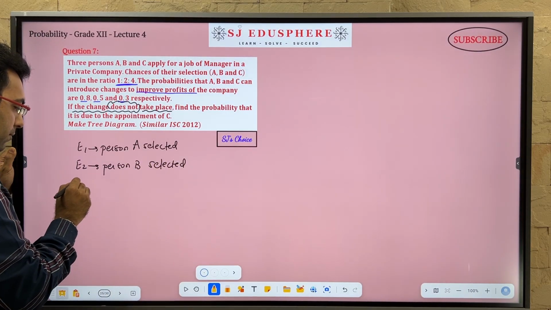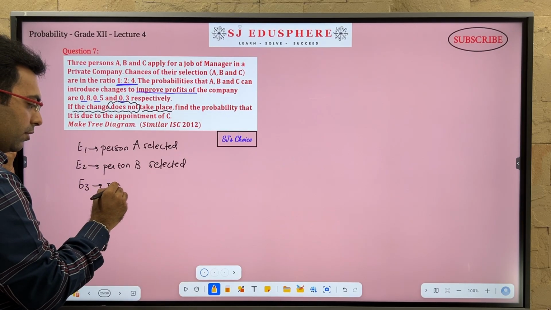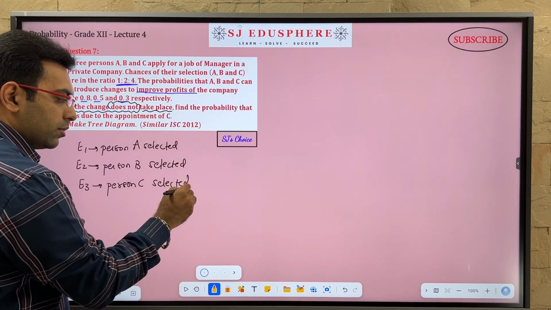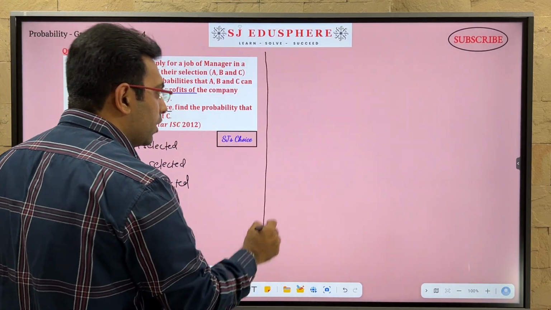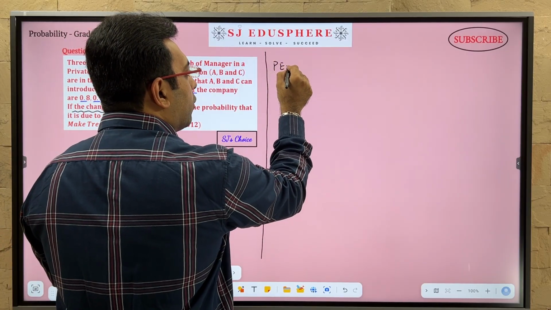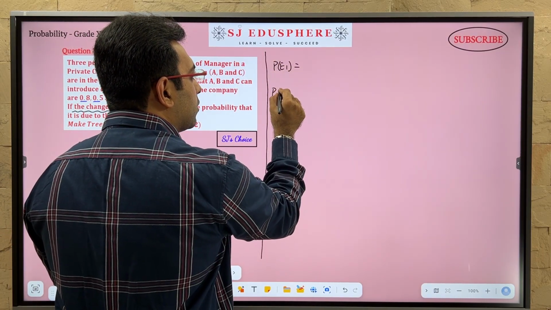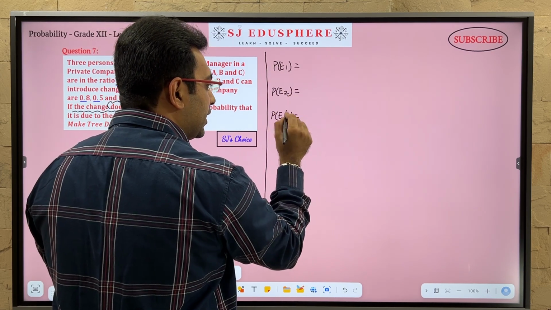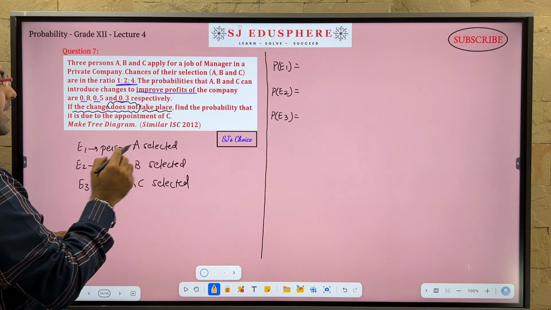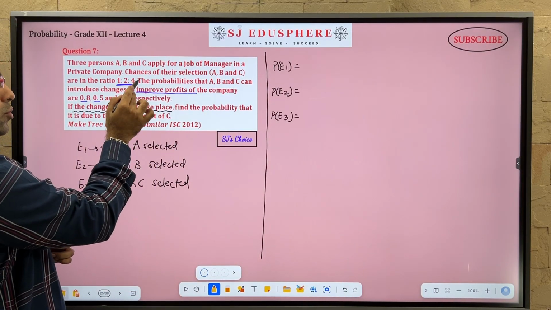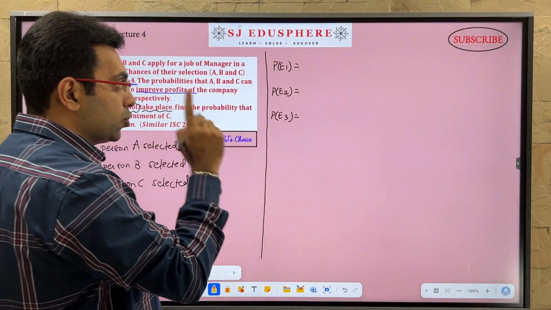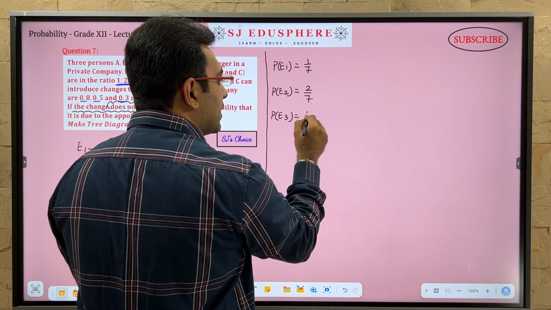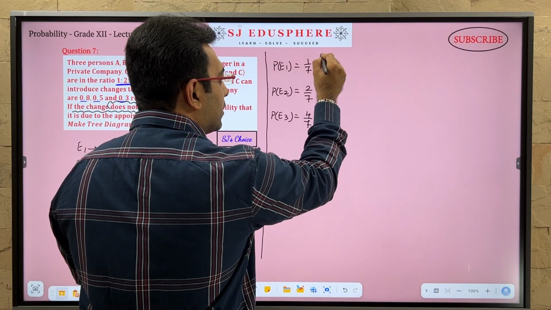And E3 is person C is selected. Okay, so probability of E1 getting selected, E2 getting selected, and E3 getting selected. Over here it says 1:2:4. So total adds up to 7. So E1 getting selected is 1 upon 7, 2 upon 7, 4 upon 7.